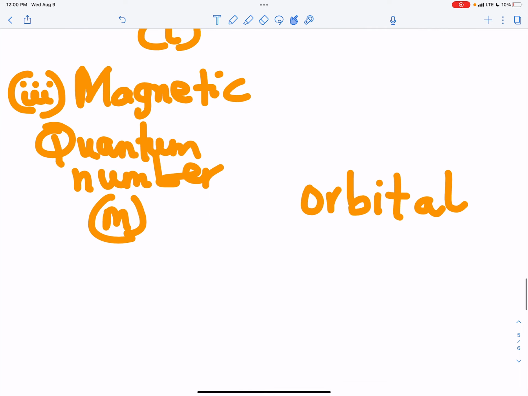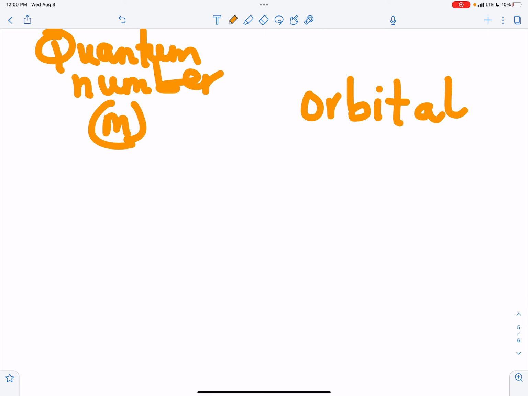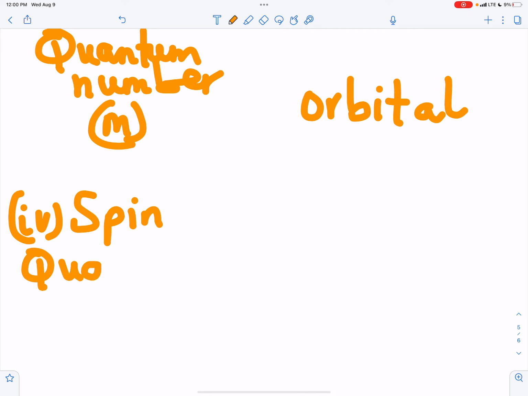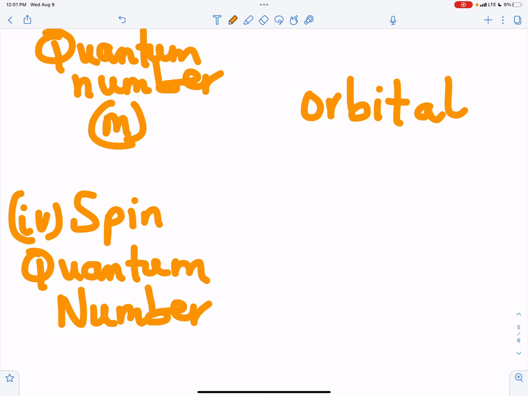Then, when you know the orbital, you also need to know whether the electron spins clockwise or anti-clockwise. What tells you that is the spin quantum number. We call it the spin.